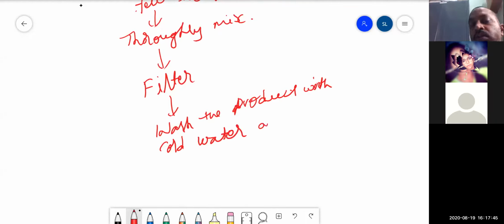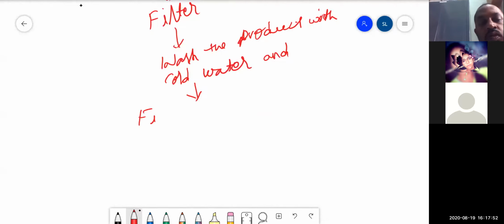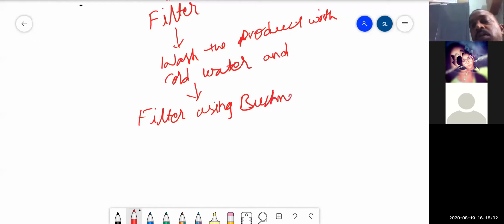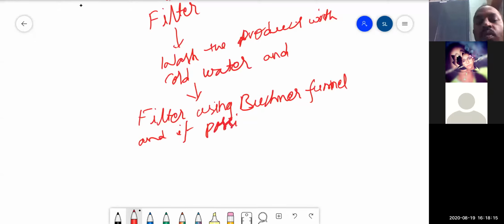And filter using a funnel, and if possible apply the vacuum.